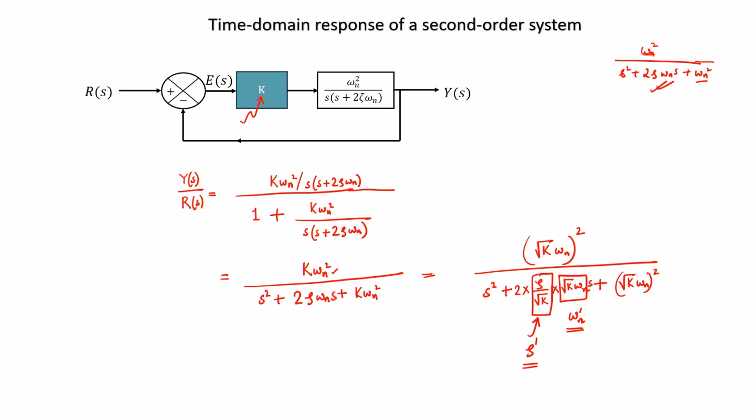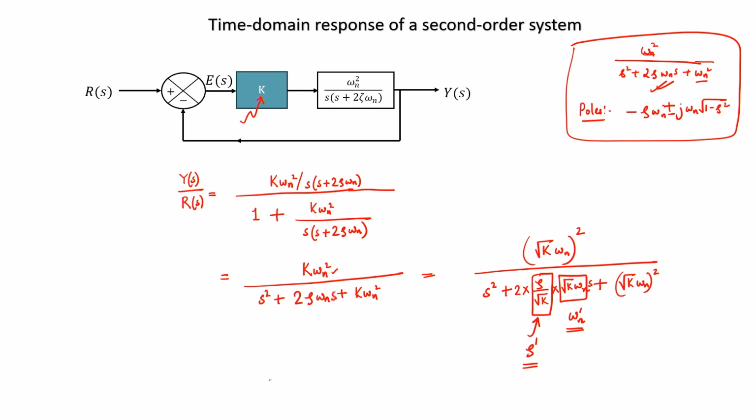And how does it affect us? It affects us because if you remember, what were the poles of the standard system? The poles of the standard system were minus zeta omega n plus minus j omega n root over of 1 minus zeta square, right. This was for the standard case. Now, for this case, what will be the poles? Minus zeta dash omega n dash plus minus j omega n dash root over of 1 minus zeta dash square, right.